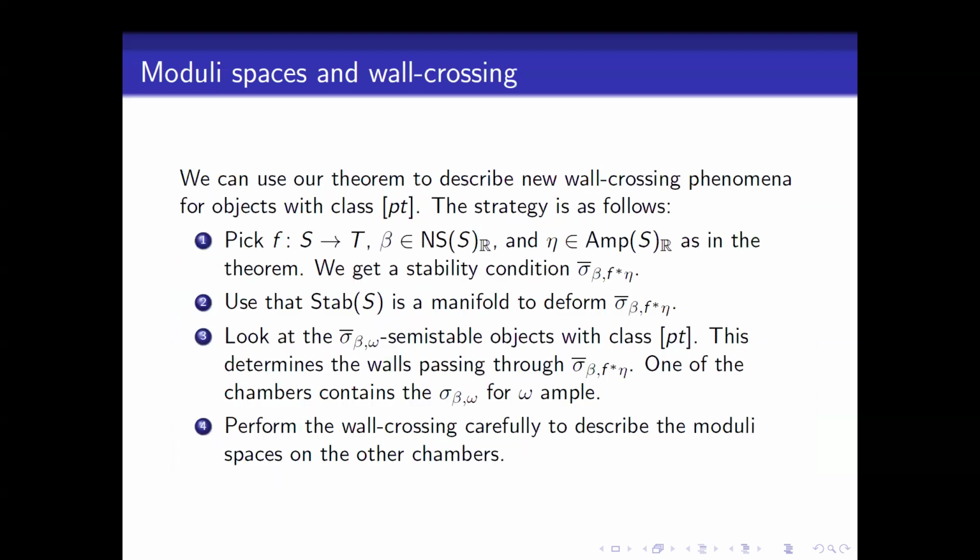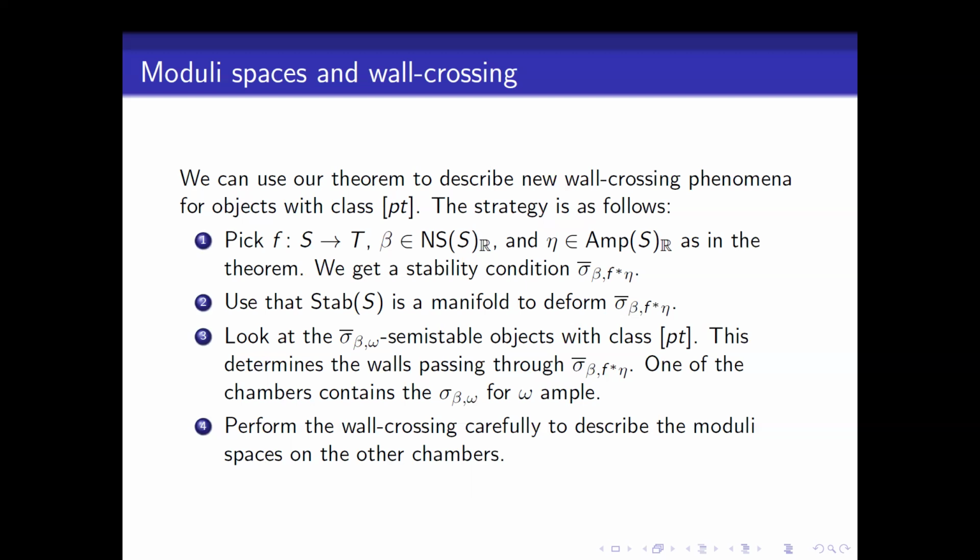So using the previous result that I told you, the first one about these limit points on the stability manifold, one can use this to describe new examples of wall crossing for surfaces. What I mean by this is the following: given a numerical class, as you vary the stability condition in the stability manifold, there is this so-called wall and chamber decomposition.